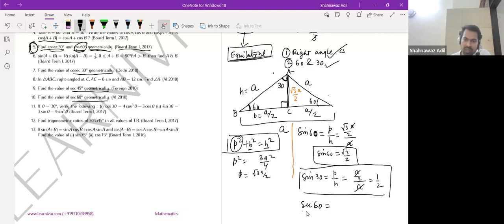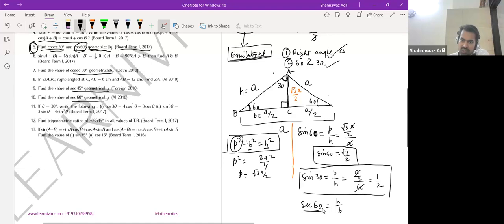Remember that sec is the reciprocal of cos, and cos theta we know is B by H. So the reciprocal is H by B. Tan theta is P by B, right? So this is H by B.